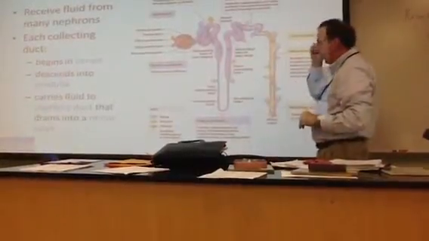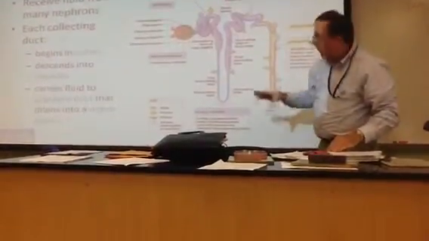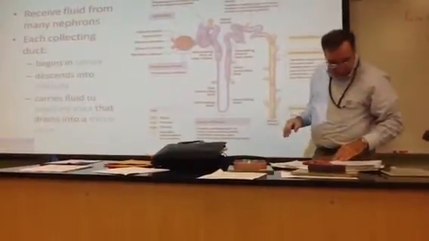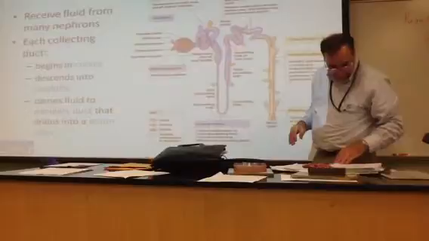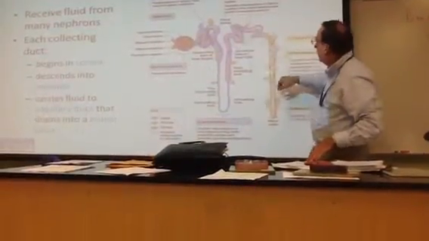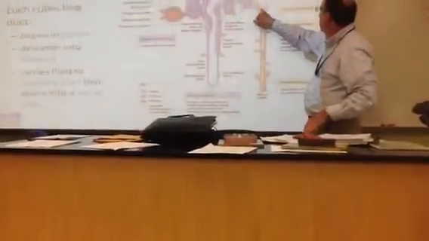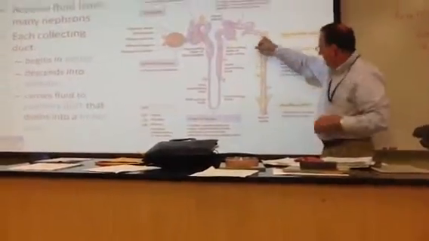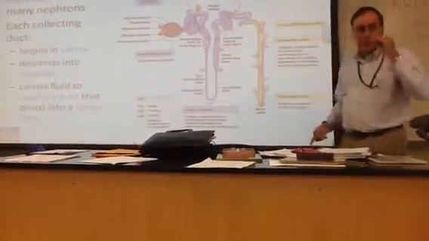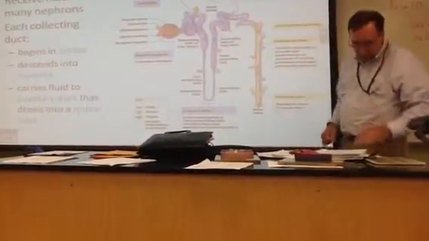This just simplifies it so you can follow it on a diagram. And then the distal convoluted tubule drains into a collecting duct. Then the collecting ducts go down to the papillary ducts and drain into the calyx, and then finally into the pelvis and into the ureter.